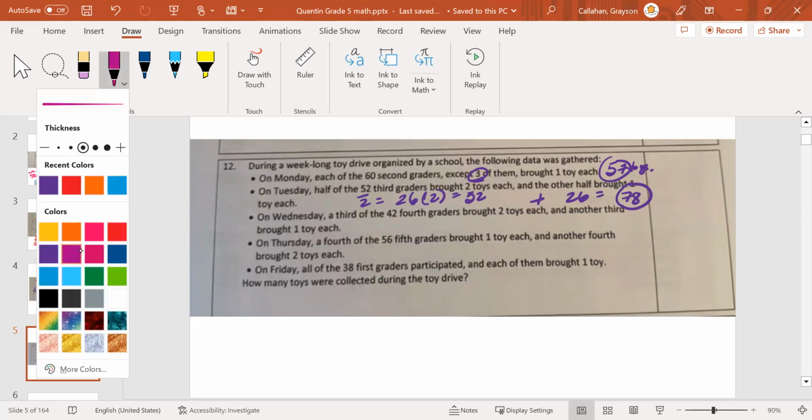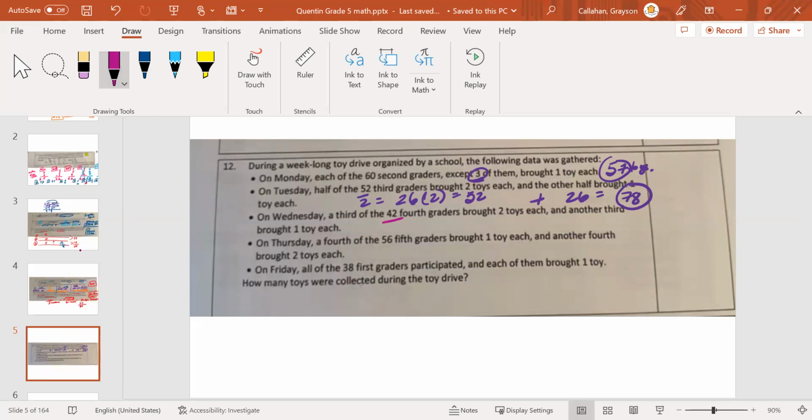So that's third graders. On Wednesday, a third of 42 fourth graders. What's 42 divided by 3? You can go ahead and write it down if you need to. That's 14.